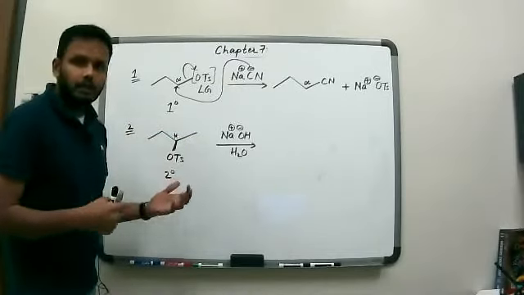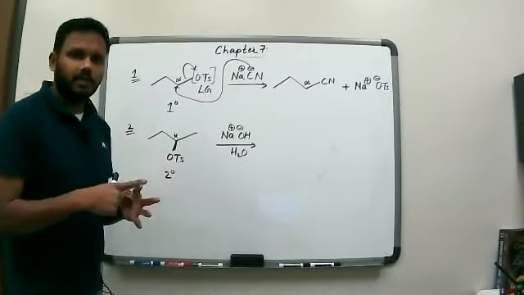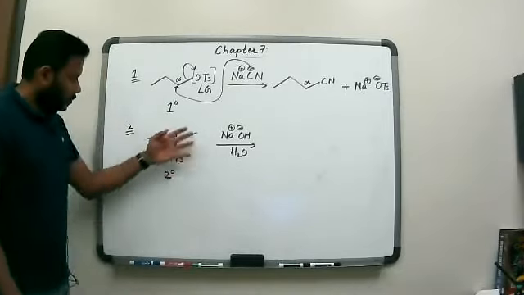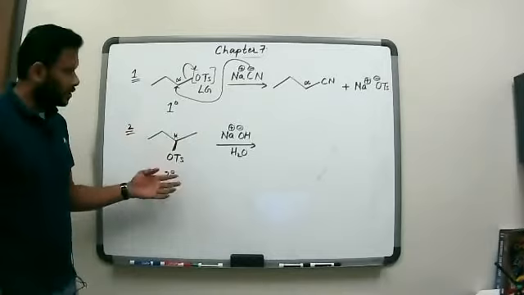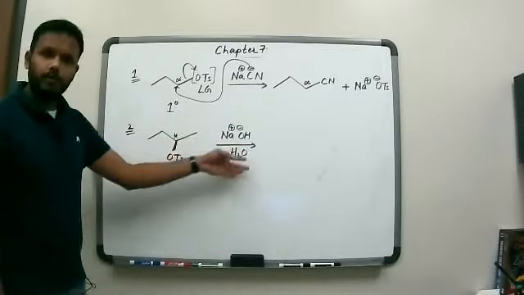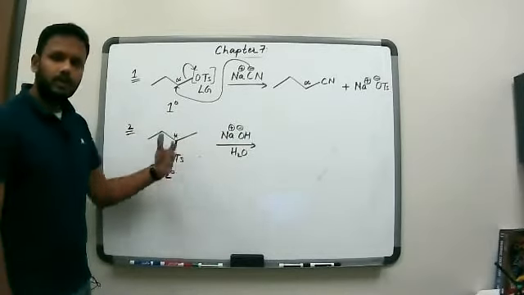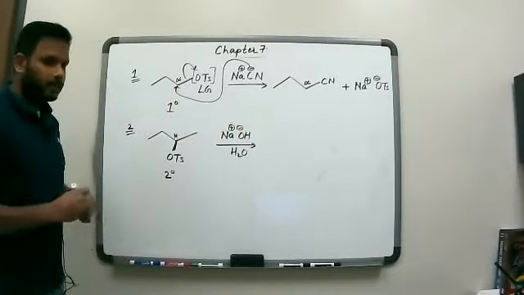Whereas for E2 reactions, it's tertiary and then secondary. So they somehow rank second, and they have a higher propensity to undergo E2 reaction. Plus, we are using a polar protic solvent, so that's facilitating the E2 reaction here.